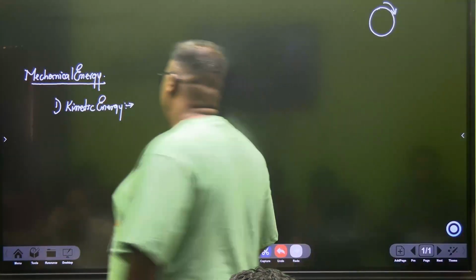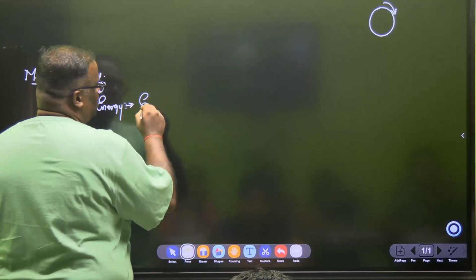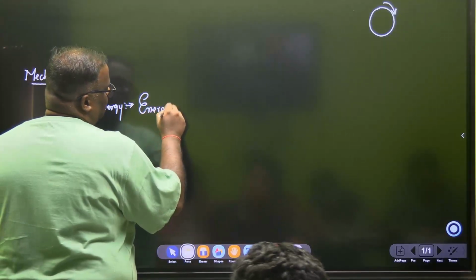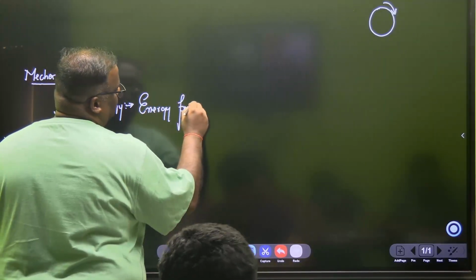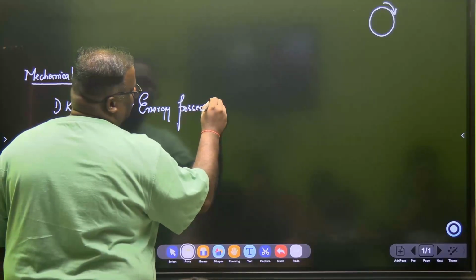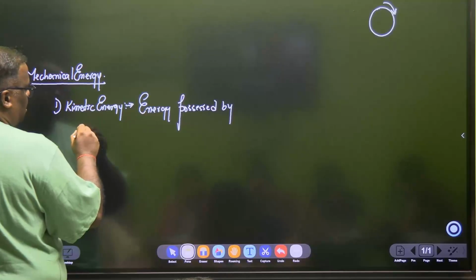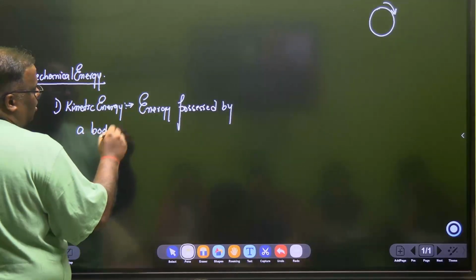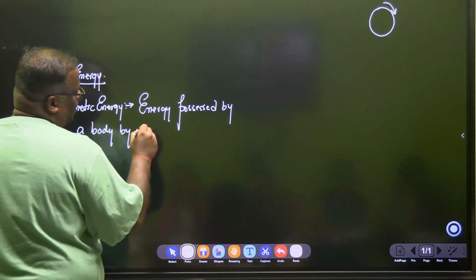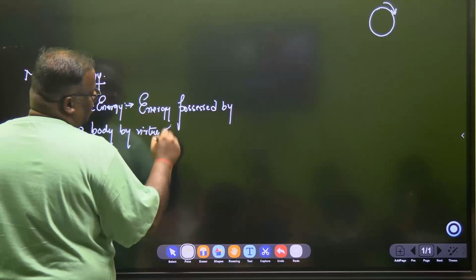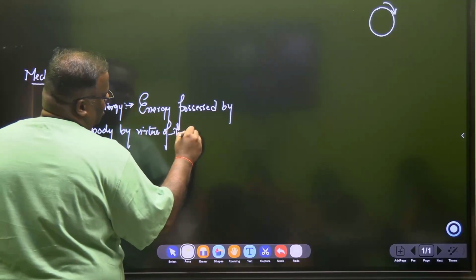So we write kinetic energy is the energy possessed by a body by virtue of its motion.